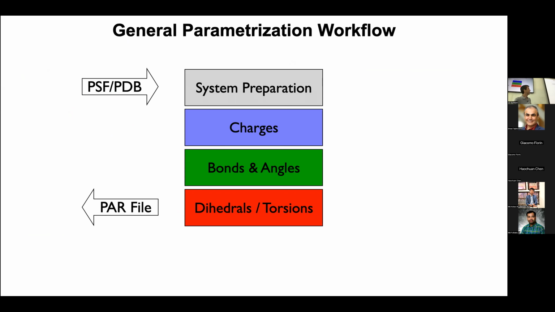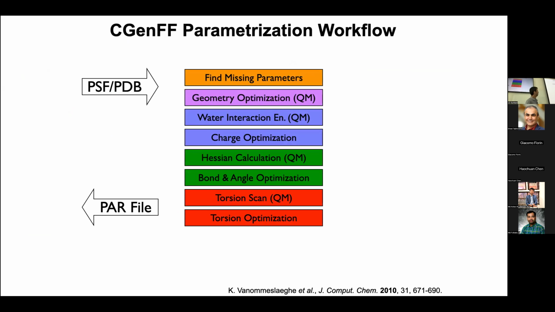Let's break this down a little more finely, though. First of all, we need to even know what parameters we're missing. Then we're going to go through a series of steps, like optimizing the geometry using quantum mechanics, with some different program, like Gaussian, for example. Calculating water interaction energies and optimizing the charges, those are for your partial charges.